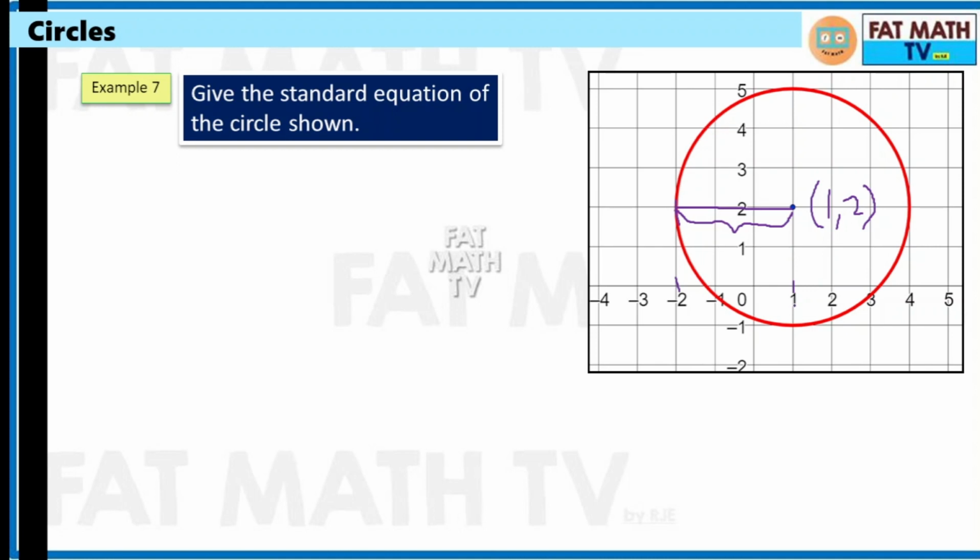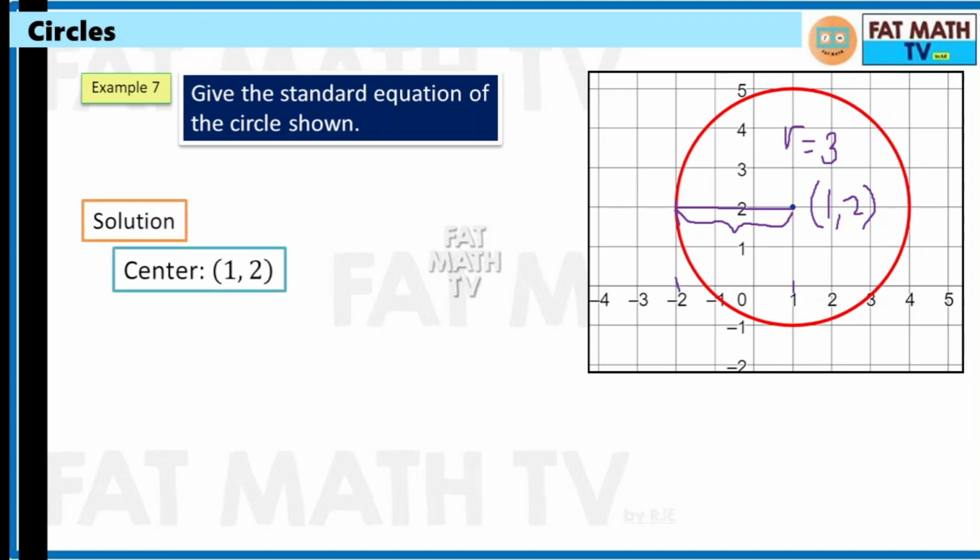Or you can just have 1 minus -2, that is 3. You can count also going down 1, 2, 3 units, or to the right or upwards. So the radius is 3 units, by looking at the graph. So the center is at (1, 2), and the radius is 3.